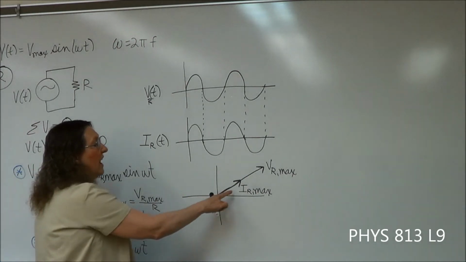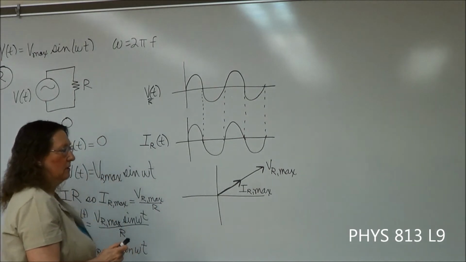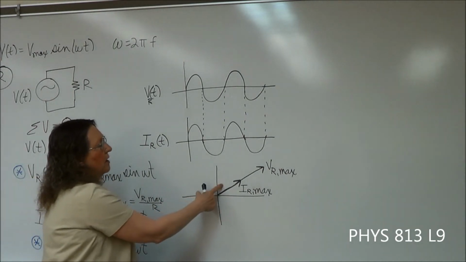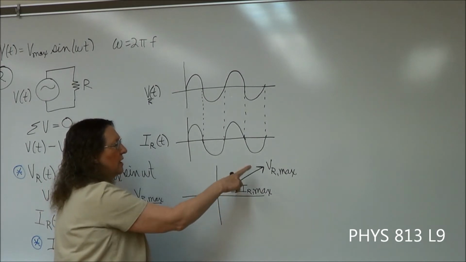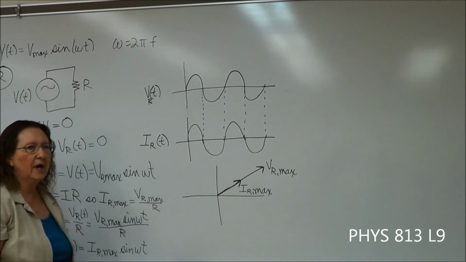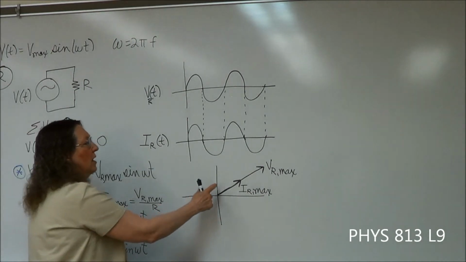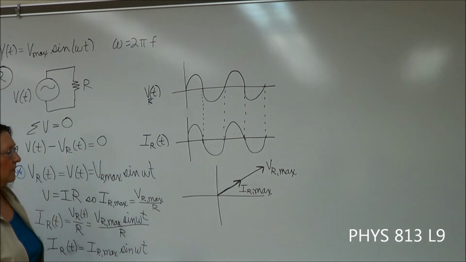So we have current and voltage along the same direction. I suppose we could have drawn one set of axes with current and another one with voltage, but if you look this up in the textbooks, you will always find all of these things on the same phasor diagram.